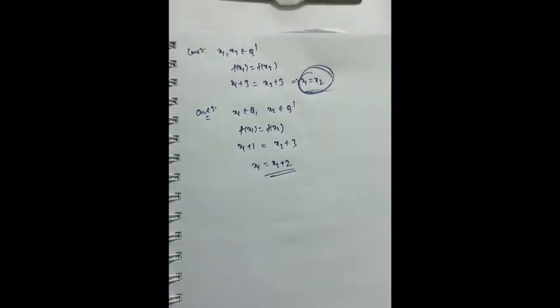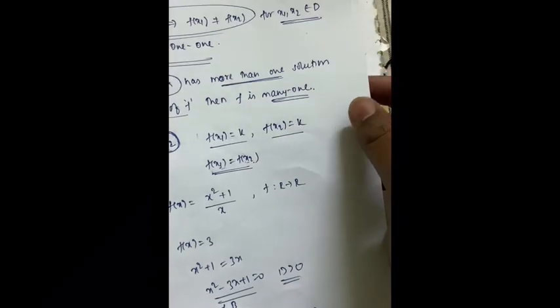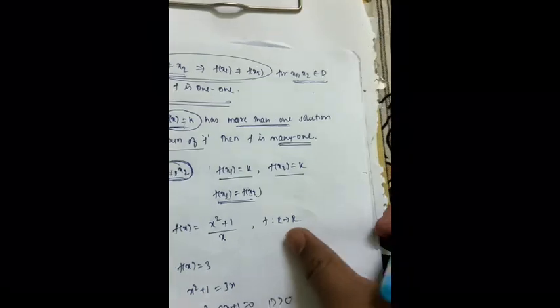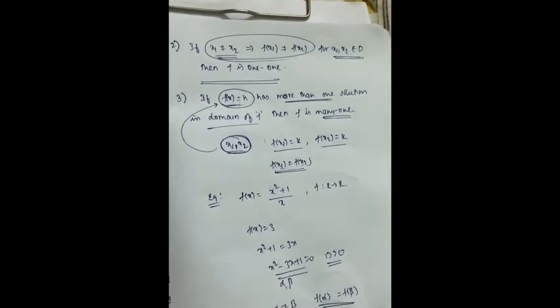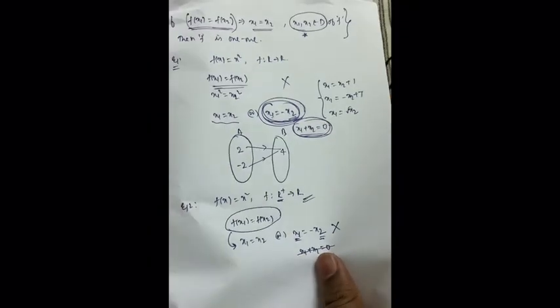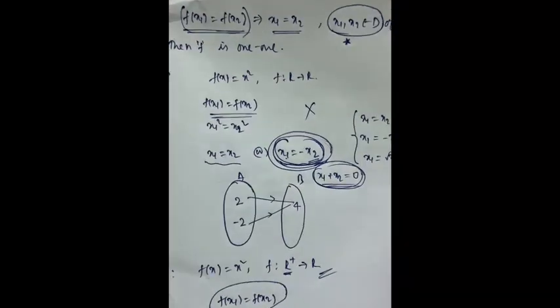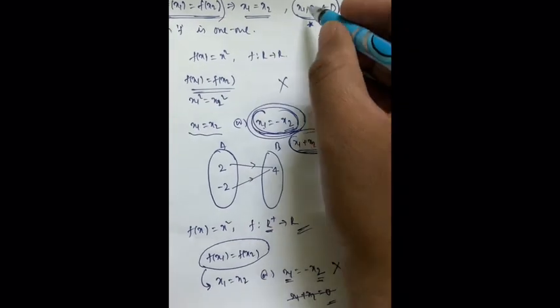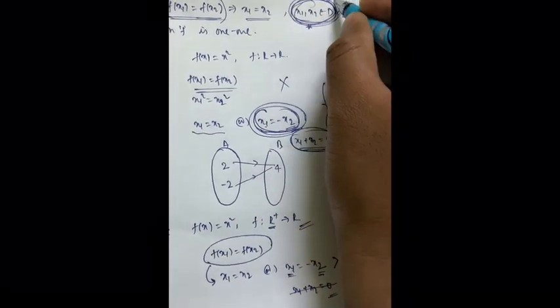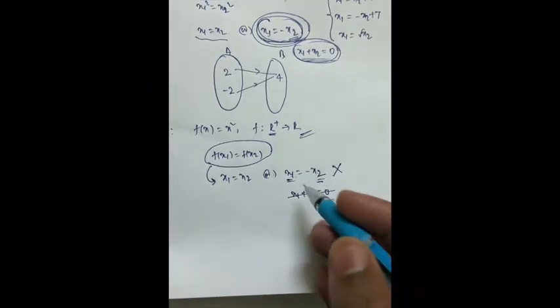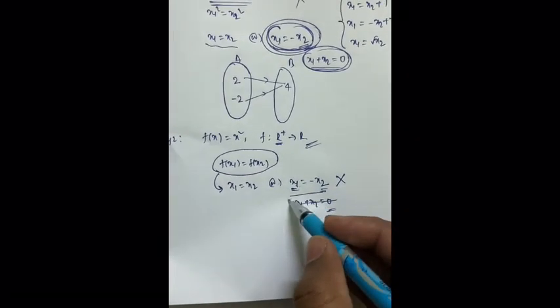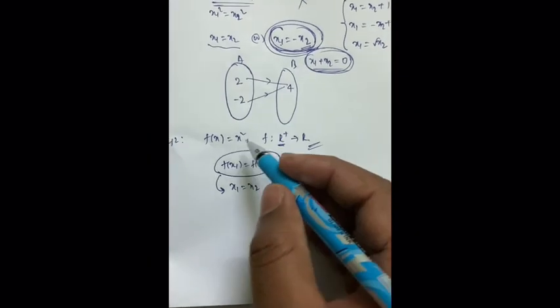But remember the rule here: if f of x1 equals f of x2 implies x1 equals x2, but x1 and x2 should belong to the domain. In the earlier question, f of x equals x square, if you remember properly, we got a different relation between x1 and x2, but still that function was one-one. Why?